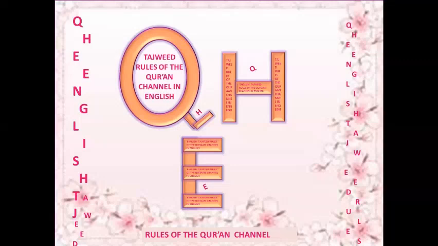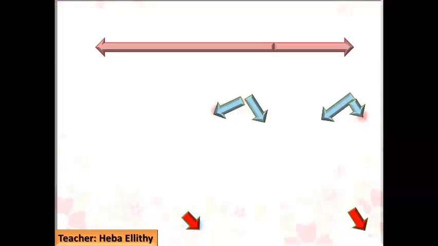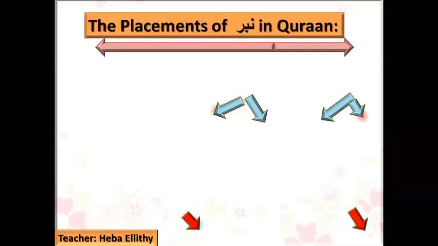We are in the second class of النبر, the chapter of النبر, and we explained last class what النبر means, and we go through this draw, which is the placement of the Nabr in the Quran.